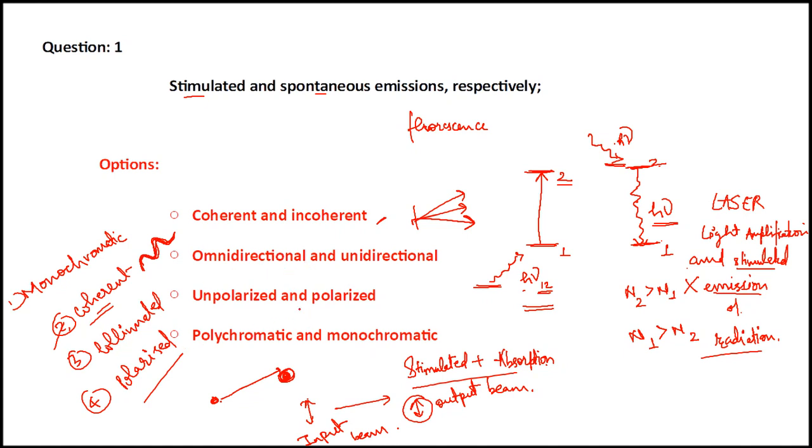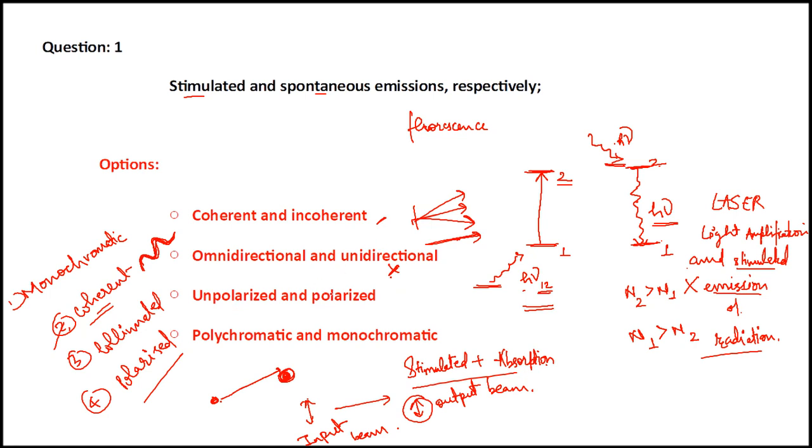So stimulated emission, as I told, is never omnidirectional. It is always like a straight beam of light. Therefore, the stimulated beam will always be unidirectional and not omnidirectional. Okay. So basically, for stimulated, if they're talking about respectively, stimulated is not omnidirectional and spontaneous is not unidirectional. So this option will be incorrect.